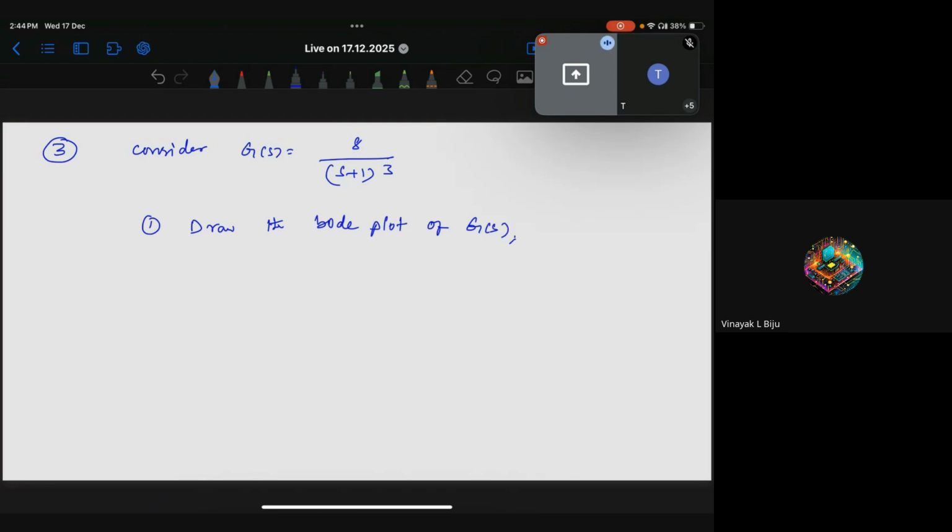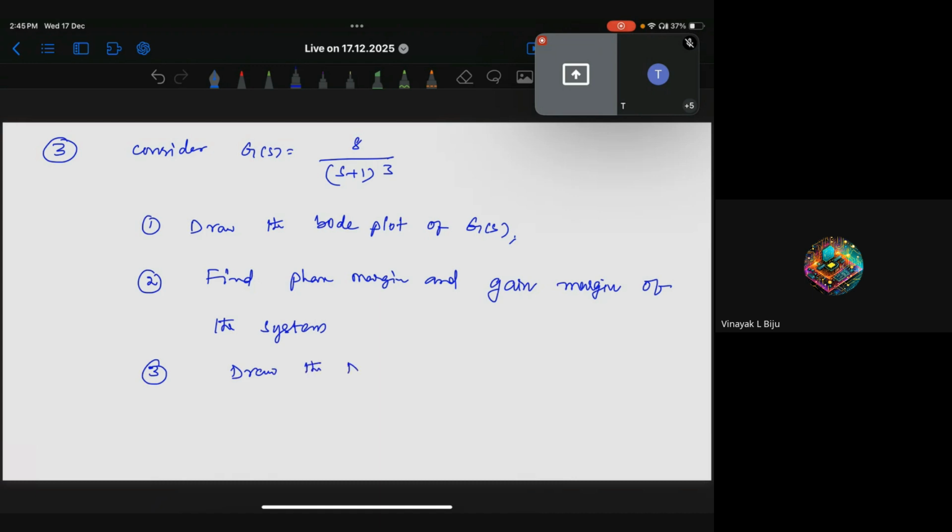Second, find the phase margin and gain margin of the system. Third, draw the Nyquist plot of g of s.